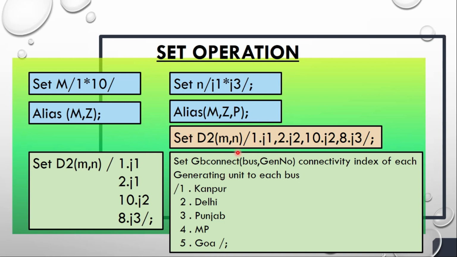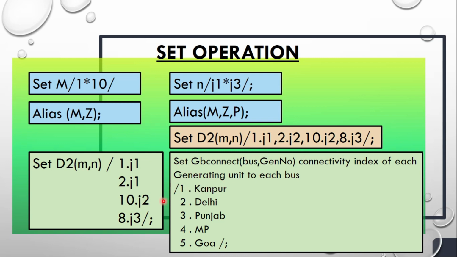For that we need to create sets, like this GB connect, which is a label, a name you are giving to the set. Here there are two dimensions: the first dimension is bus and the second dimension is generator number, and the connectivity index of each generating unit to each bus. This part is just to tell what it is.